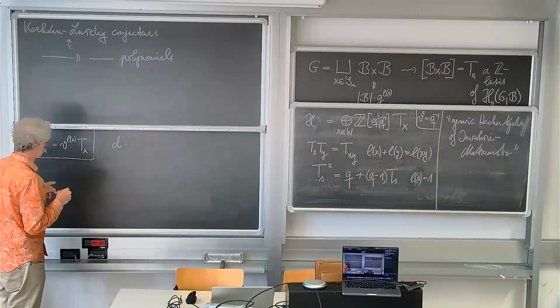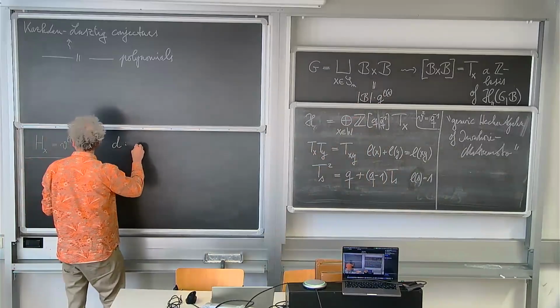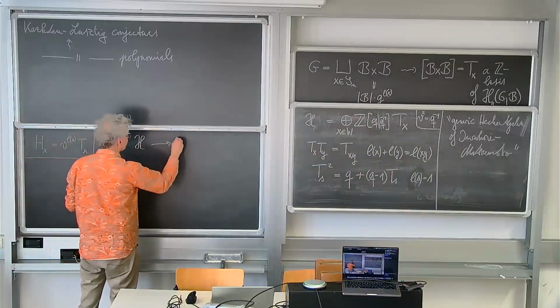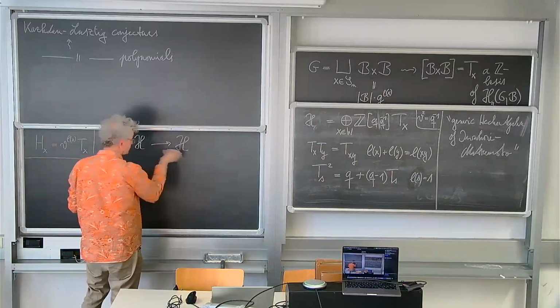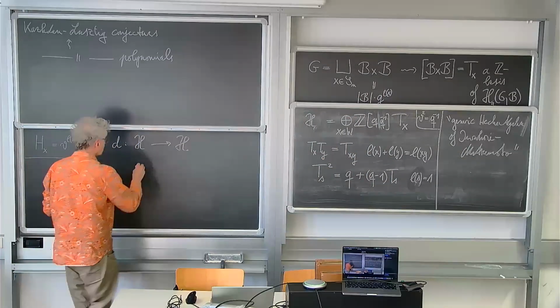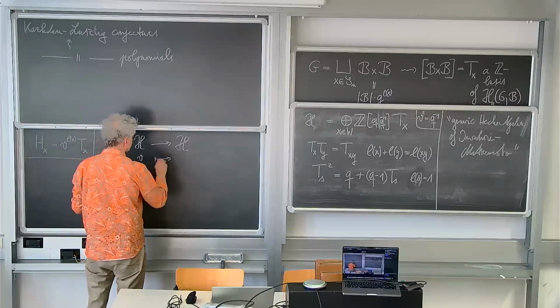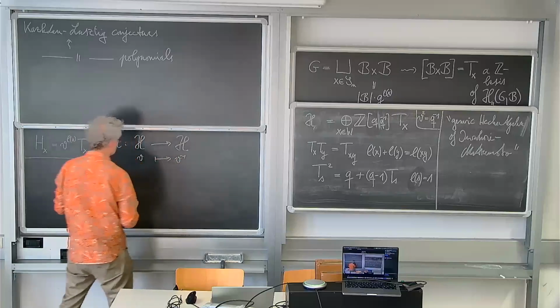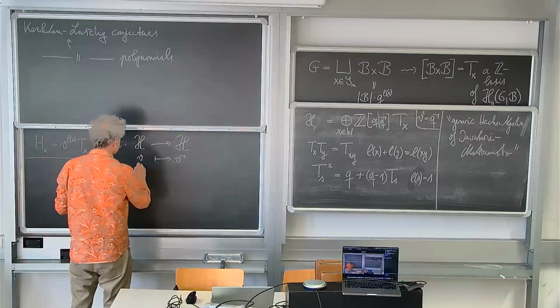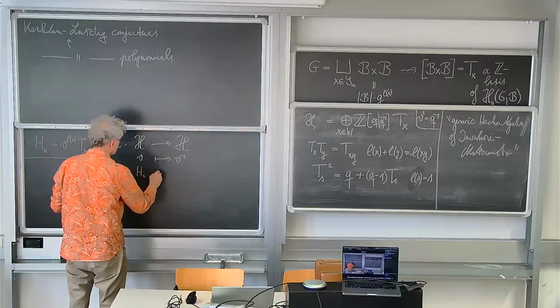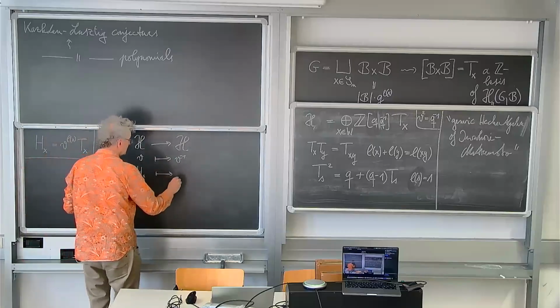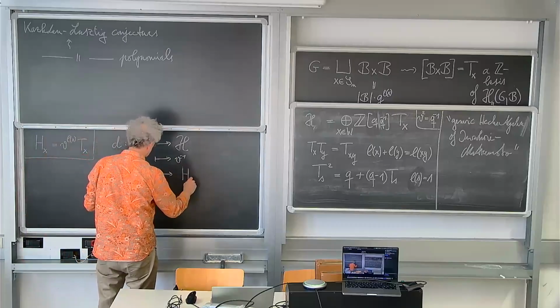Okay. So I take the duality from the Hecke algebra itself. So this is the ring homomorphism which takes v to the minus 1, or q to the minus 1, whatever. And these hx's will be mapped to: you take the x inverse and then you invert the whole element.